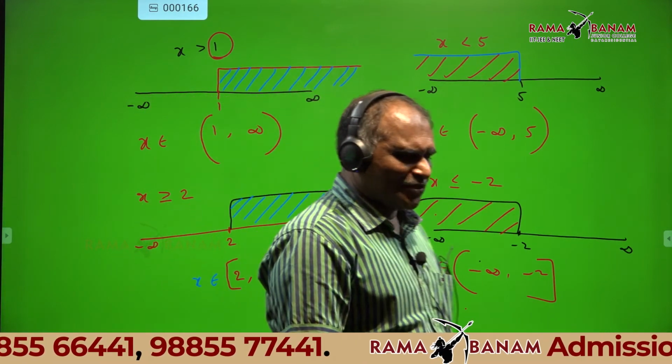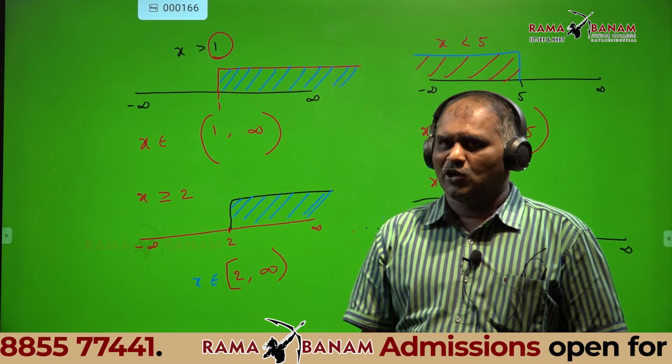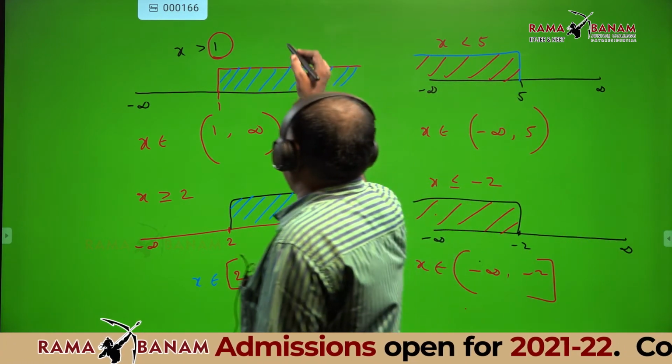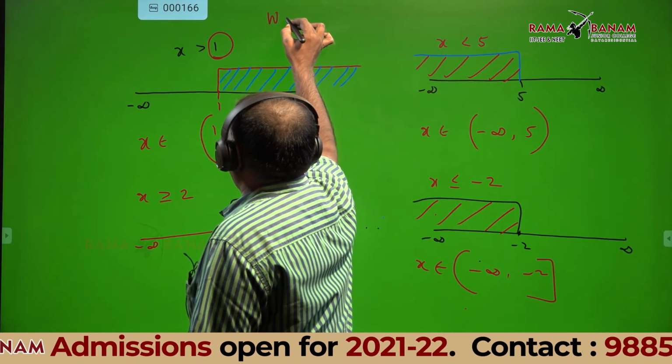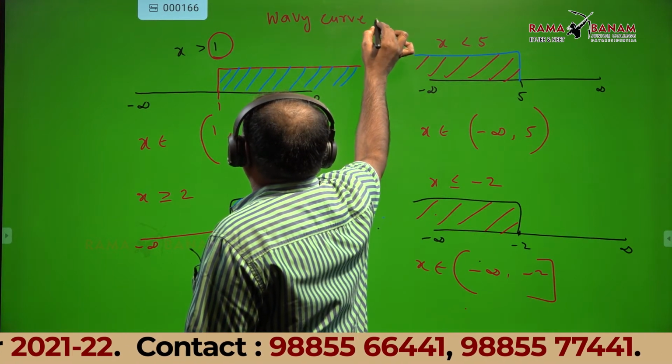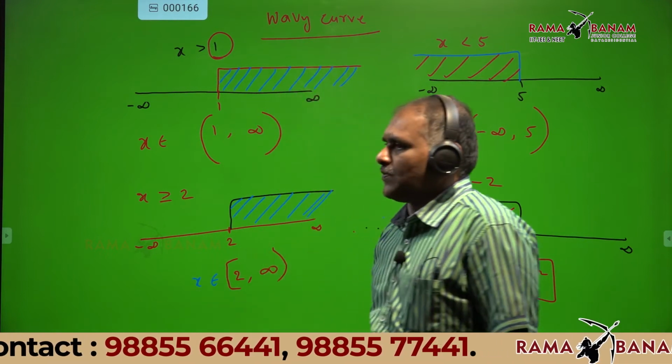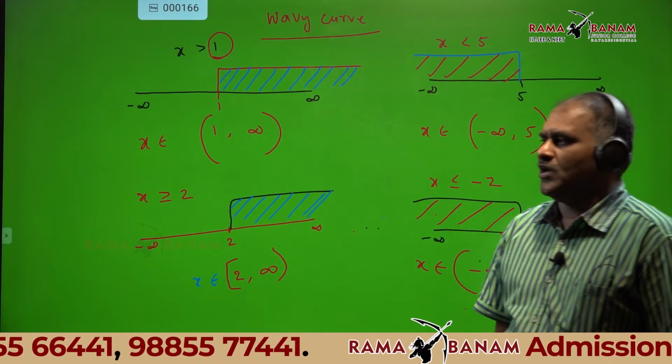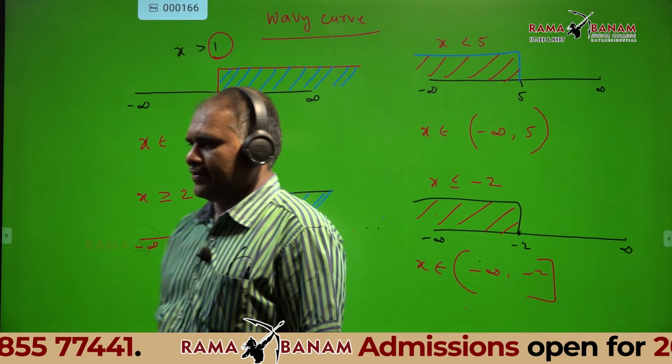This method is called the wavy curve method. So many chapters can use that wavy curve method.